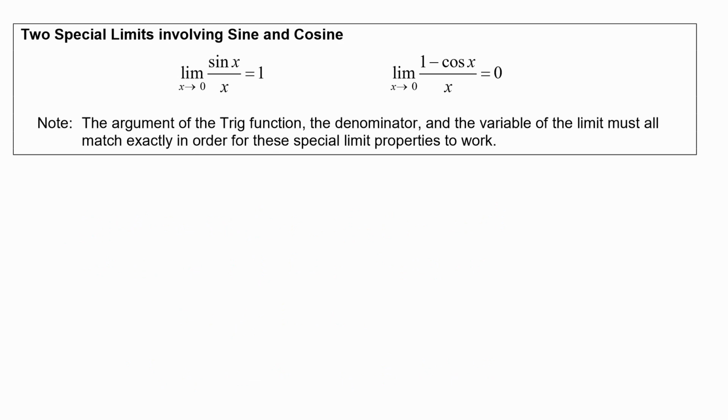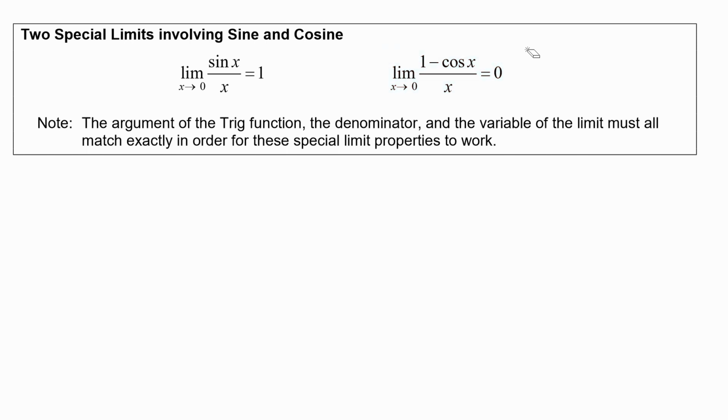Next, we learn about two special limits involving sine and cosine. The limit as x approaches 0 of sine of x over x is equal to 1, and the limit as x approaches 0 of 1 minus cosine x over x equals 0.